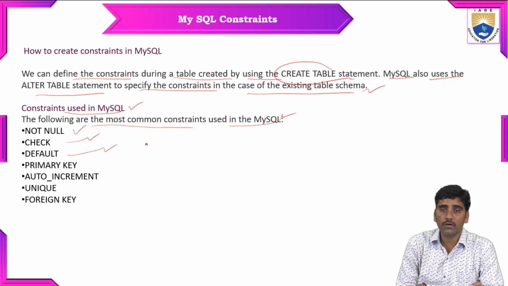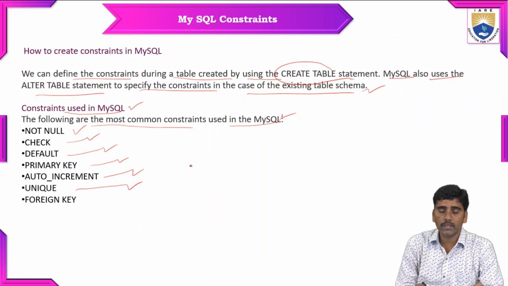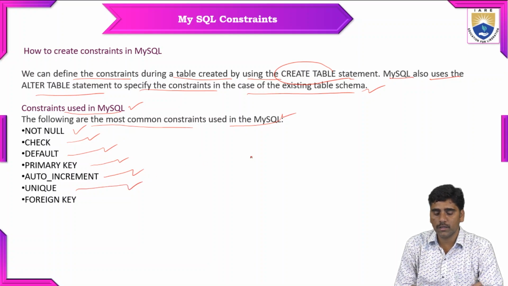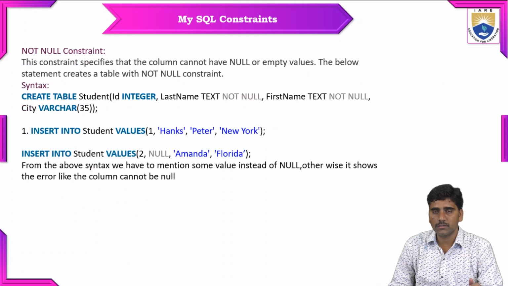The next is the DEFAULT constraint. The next is the PRIMARY KEY constraint, then the AUTO_INCREMENT constraint, then the UNIQUE KEY constraint, and last, the FOREIGN KEY constraint. Let us explain them one by one.